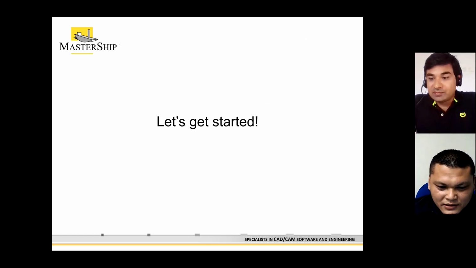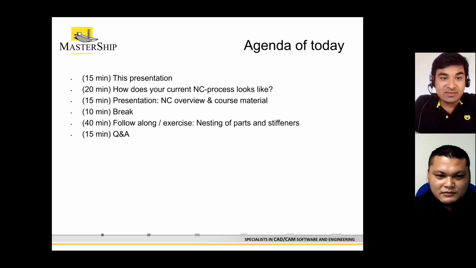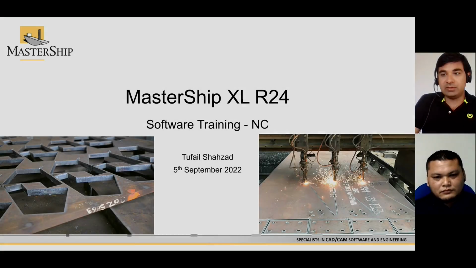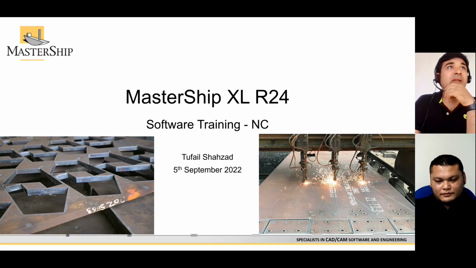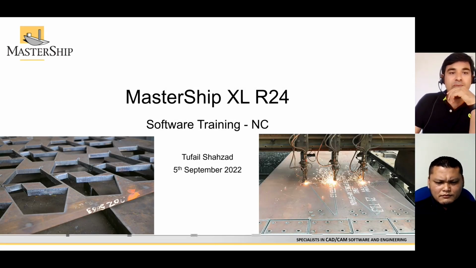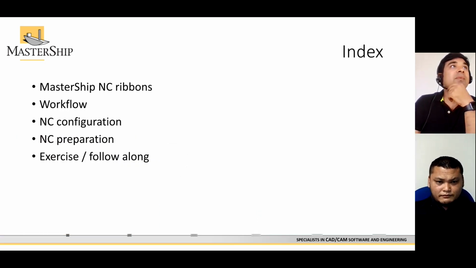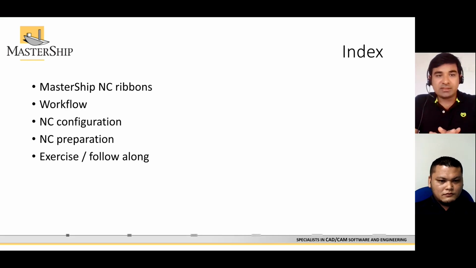So coming back to the next item on my agenda. The agenda is to get you familiar with the NC ribbons, how mastership is doing with NC, and then I will explain the workflow we use within mastership.